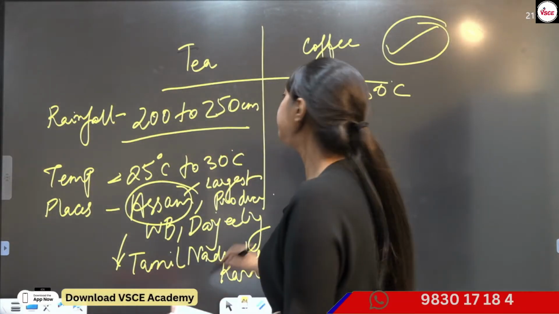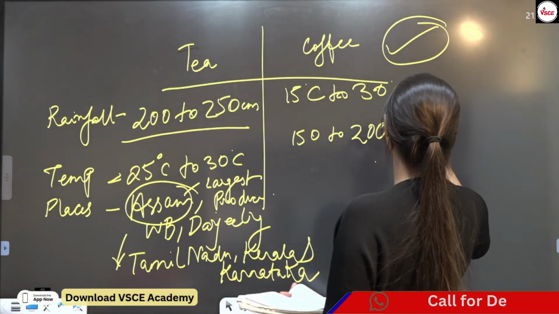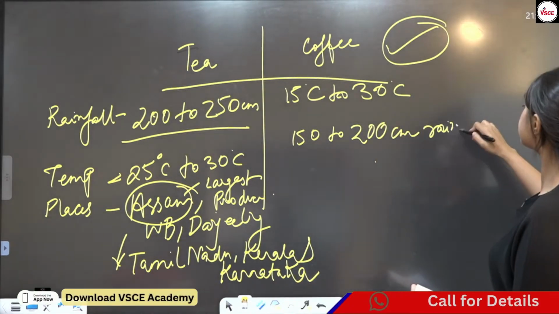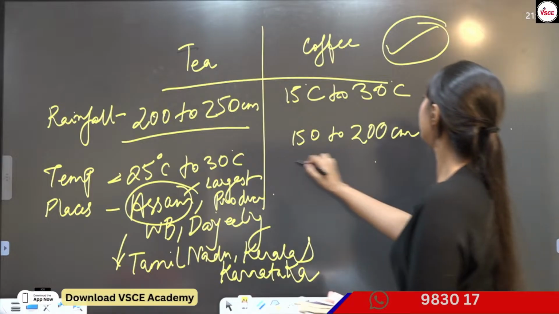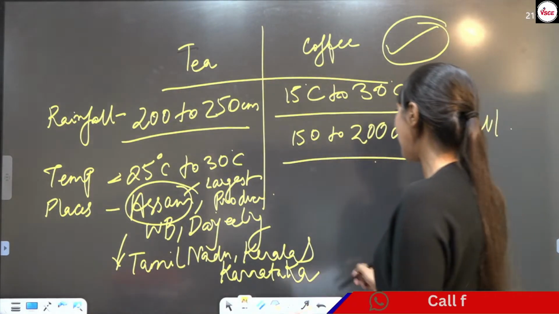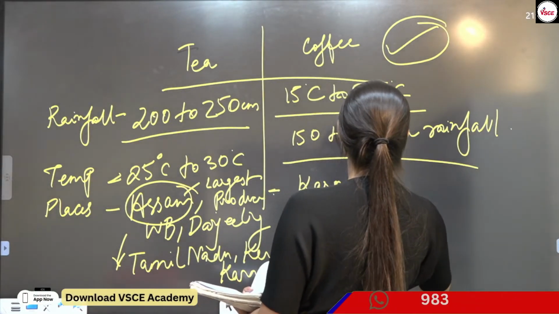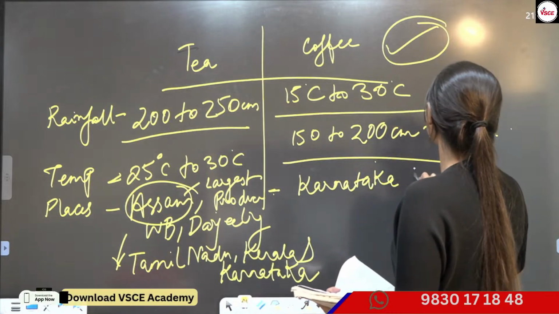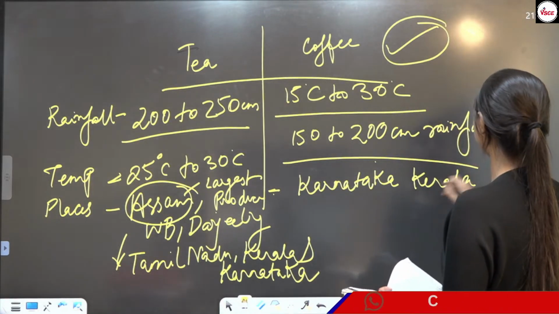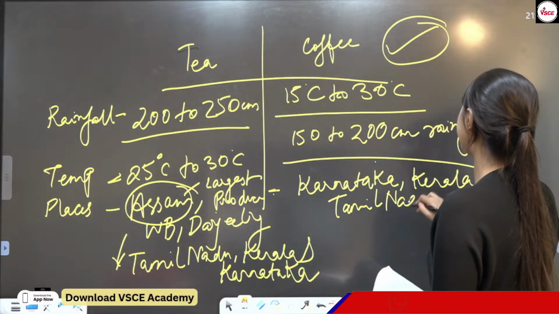It requires 150 to 200 centimeter of rainfall. These are the criteria, and the places are Karnataka, Kerala, and Tamil Nadu. The remaining part we are going to do in the next class.